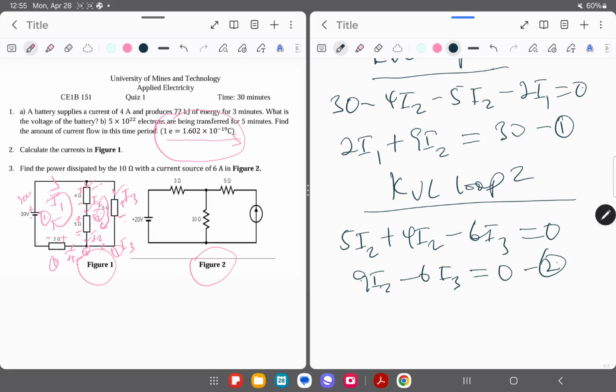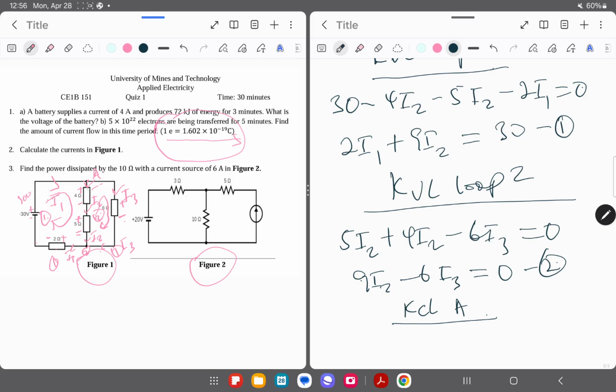So I have here equation 3, and to get equation 3, I'll be applying Kirchhoff's current law to a node. So let's say we have node A, and I'm going to label my node A here. Okay, so at node A, when it comes to Kirchhoff's current law, we know that at a node, the sum of current entering the node should be equal to the sum of current leaving the node.